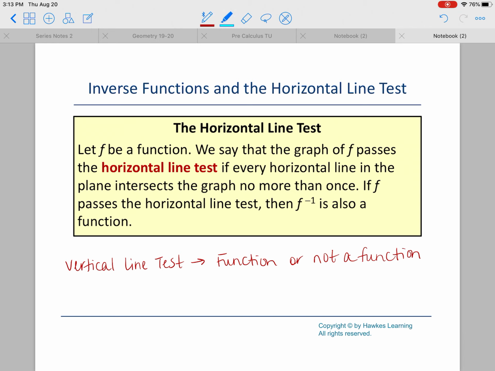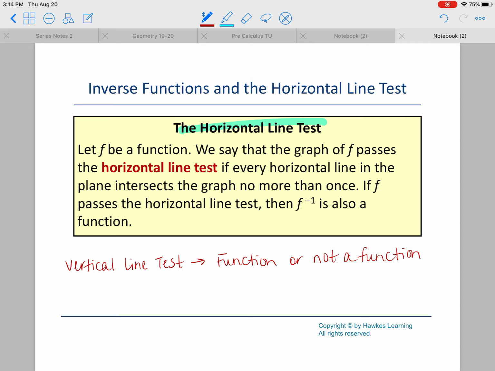Well, we do have something called the horizontal line test. The horizontal line test says that if my graph f passes the horizontal line test, which means if I draw a horizontal line through my graph, every horizontal line in the plane intersects the graph no more than once, then its inverse is also a function.